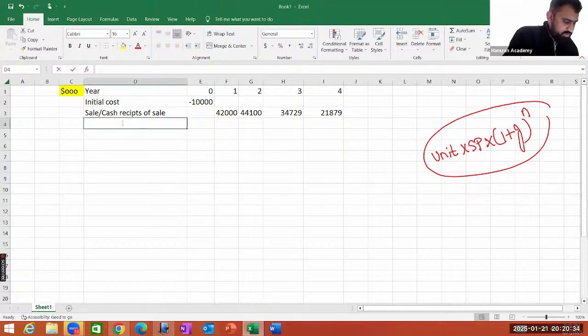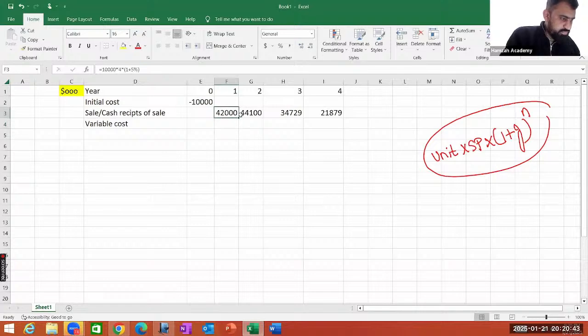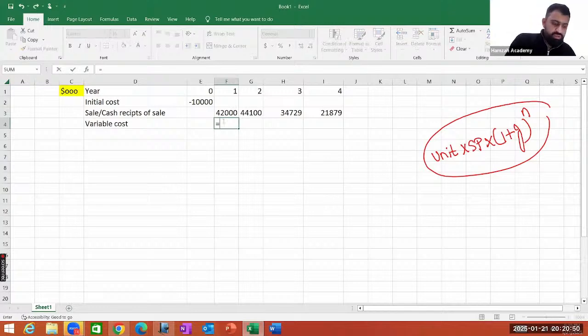Now, after that, we will take the variable cost. Again, we will take equal, but this time we will take it in minus. And we will take the number of units produced. Now, in our paper, the number of units produced and the number of units sold are the same. So 10,000 units we have produced and sold, so it will be taken as 10,000.